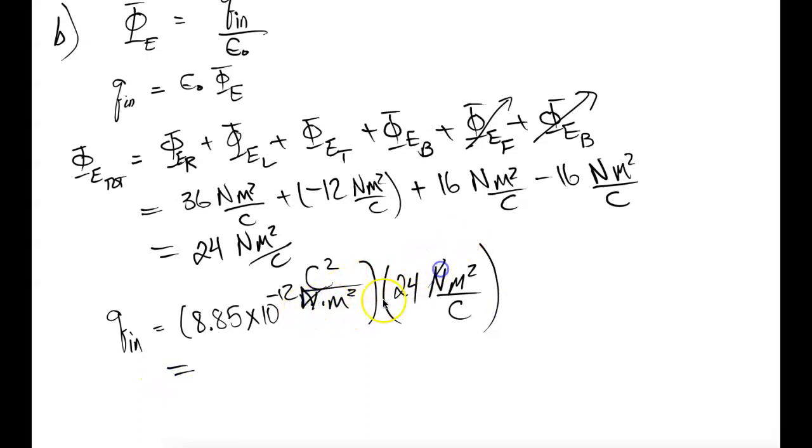Notice the newtons cancel, the meters squared cancel, one of the coulombs cancels the square, and you get 2.1 times 10 to the minus 10 coulombs.